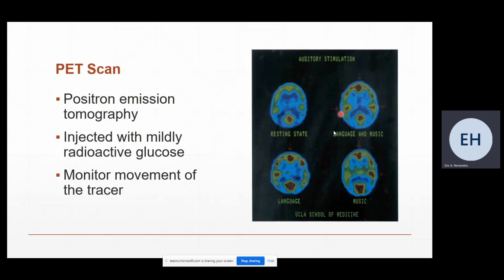During language and music, we see that the temporal lobe is active, Wernicke's area, Broca's area, cerebellum, frontal lobe. Now, interesting thing is whenever just language and music is active, you see that only Broca's area and then only Wernicke's area is active. So be aware of which side Wernicke's area is on and which side Broca's area is on.